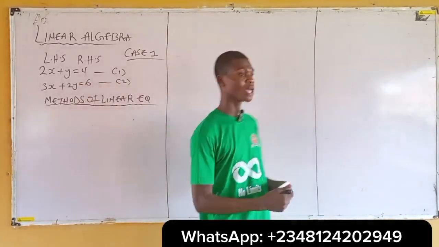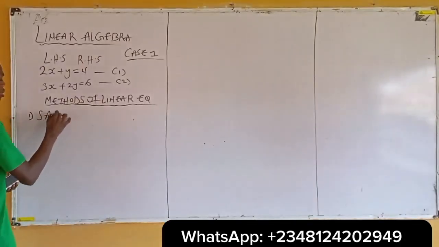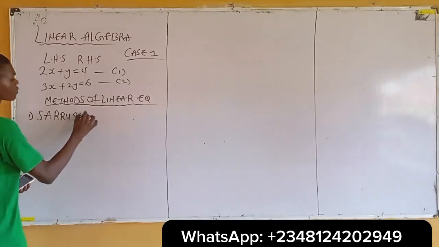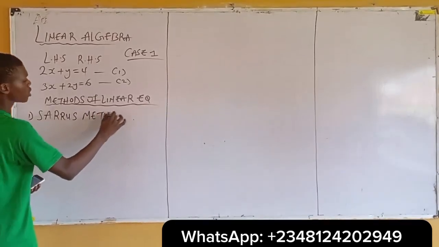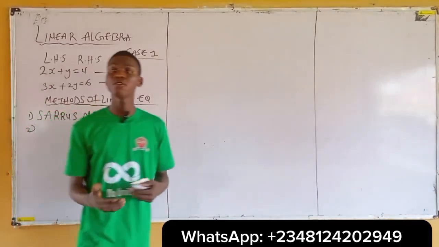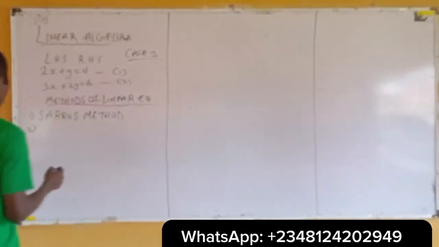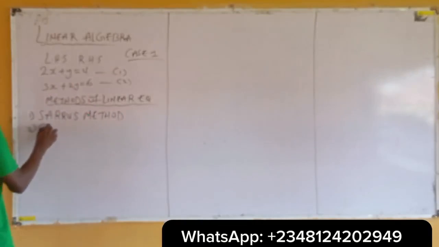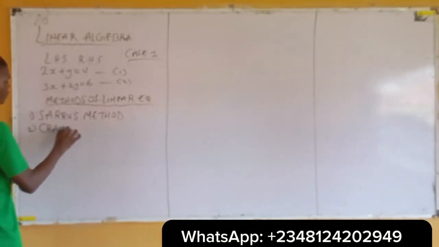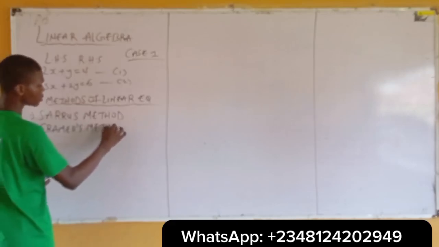The first one, we have the Sarus method. Number two, we have the Cramer's method. I believe you know the Cramer's method. That's determinant. Number three, we have the decomposition method.